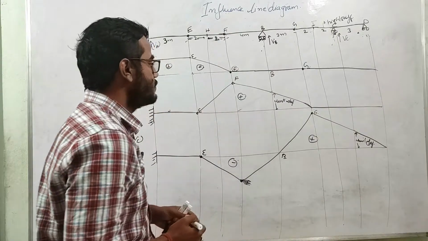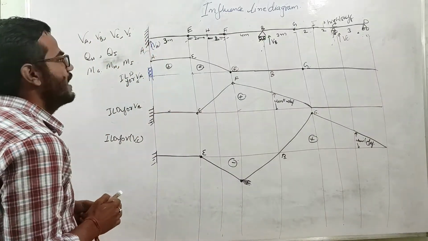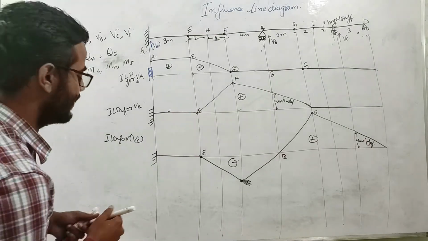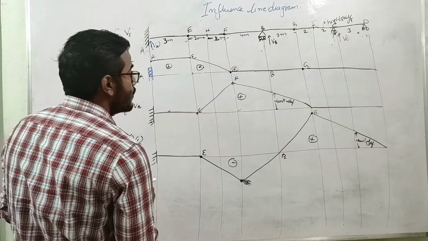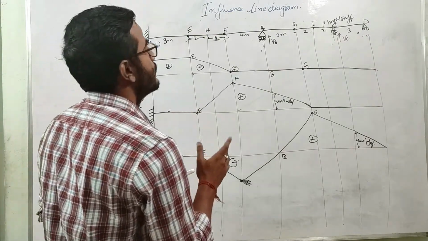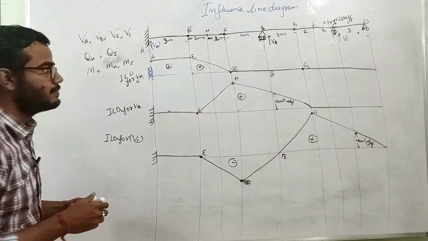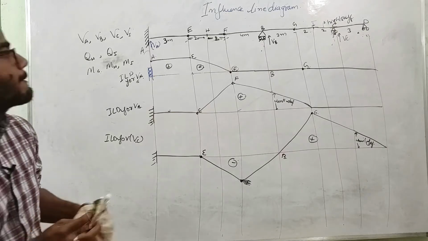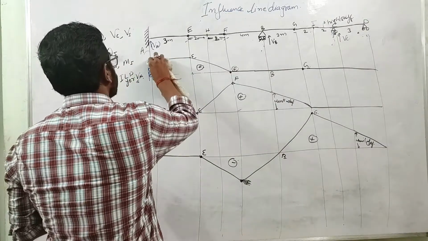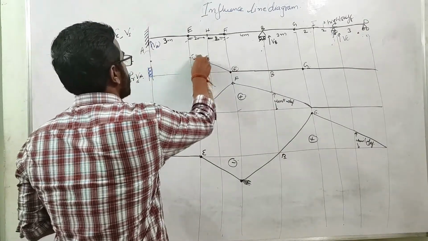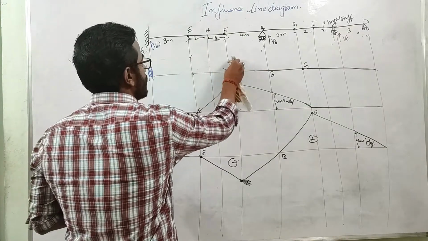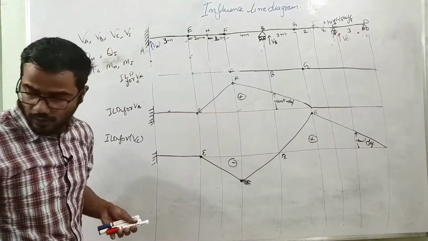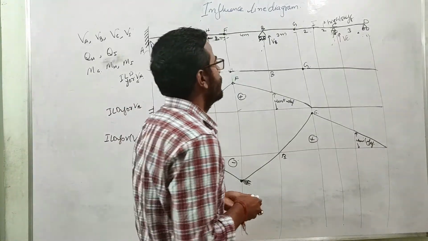Now we'll draw the ILD for the vertical reaction at point D. To draw the ILD for it, what we need to do?